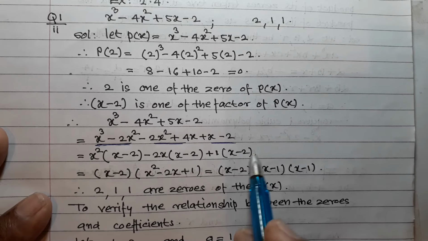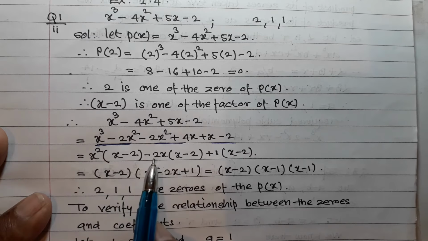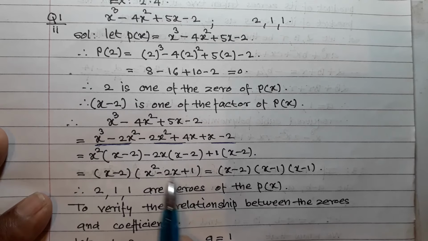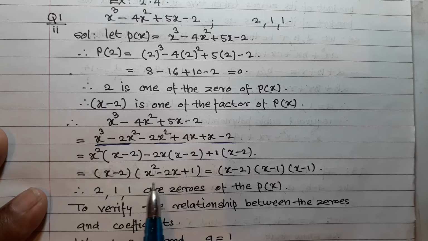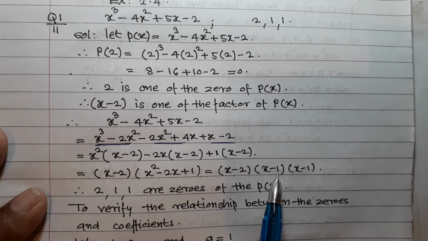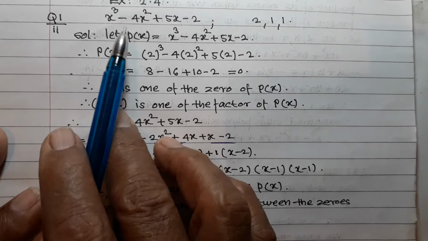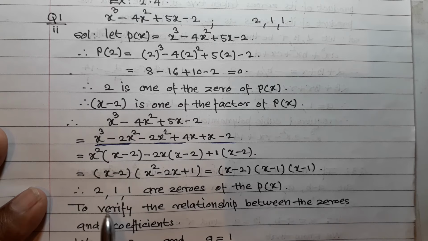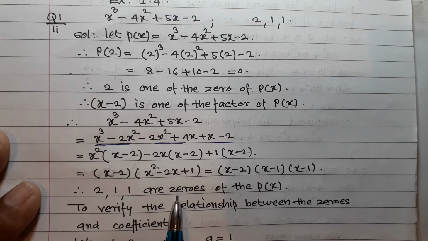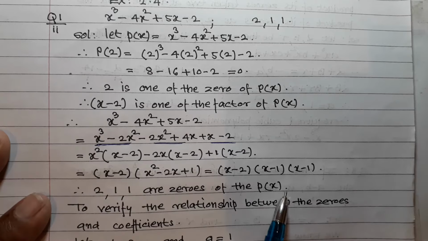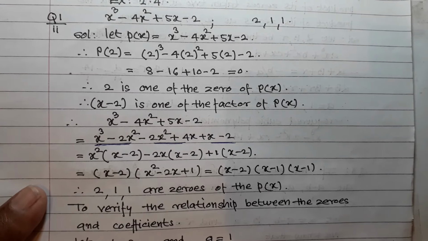So x minus 2 is common, and therefore x minus 2 into bracket x square minus 2x plus 1, and if you factorize, this is the square of x minus 1. So x minus 2, x minus 1, x minus 1 are the factors of the given polynomial, and therefore 2, 1 and 1 are zeros of p(x). Means these numbers are zeros of the given polynomial.